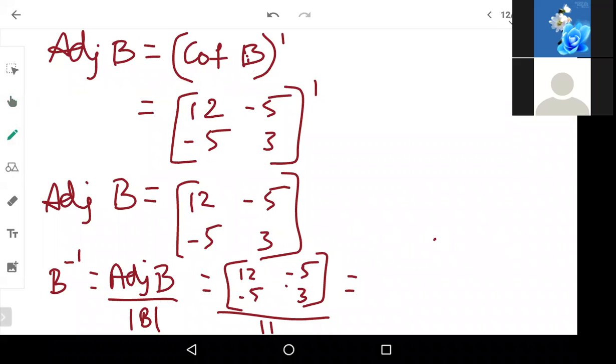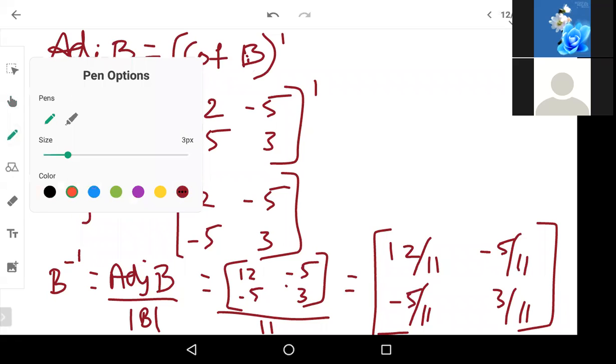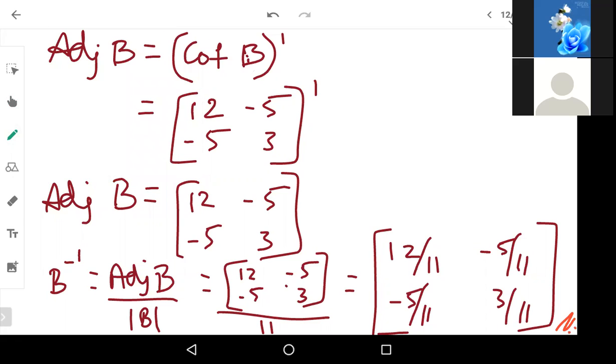So therefore B inverse is going to become 12 by 11, -5 by 11, -5 by 11, 3 by 11. This will be the required answer. So this is the B inverse matrix.